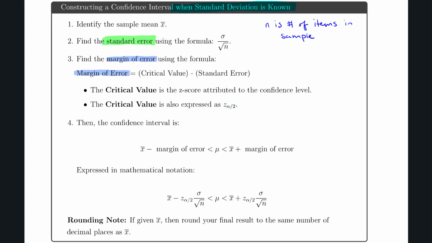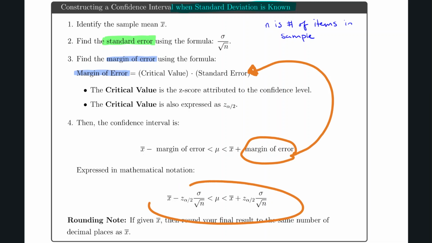Then once we've done that, step 4 tells us the confidence interval is the sample mean minus the margin of error you just found, inequality symbol, our mu symbol for our population mean, inequality symbol, sample mean plus the margin of error. And if I wanted to express what the margin of error is in terms of this verbal description in mathematical symbols, that's what you see written here below.